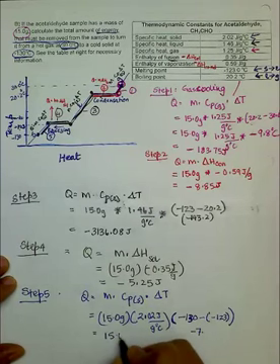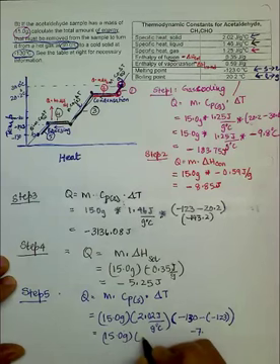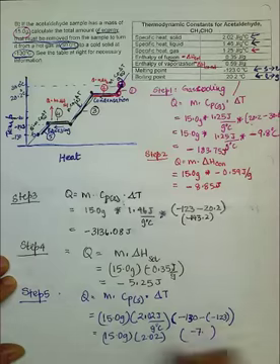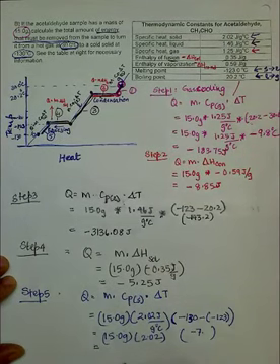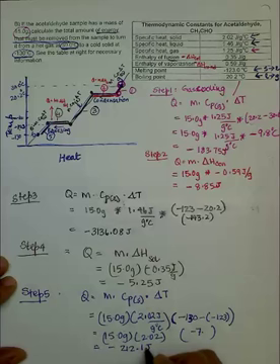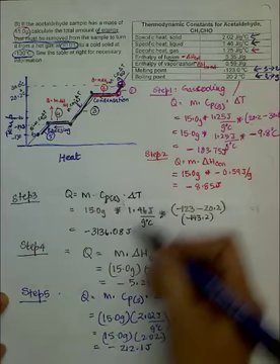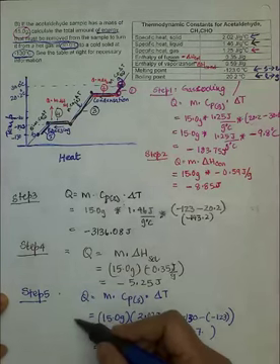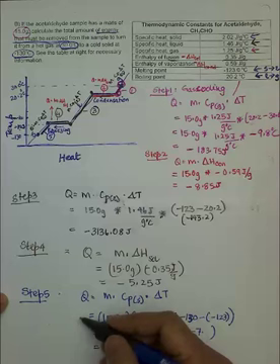So my math is 15.0 grams times 2.02 times negative 7 degrees Celsius. Again, I'm not looking at sig figs here and I'm just multiplying across and I get my answer to be negative 212.1 joules.